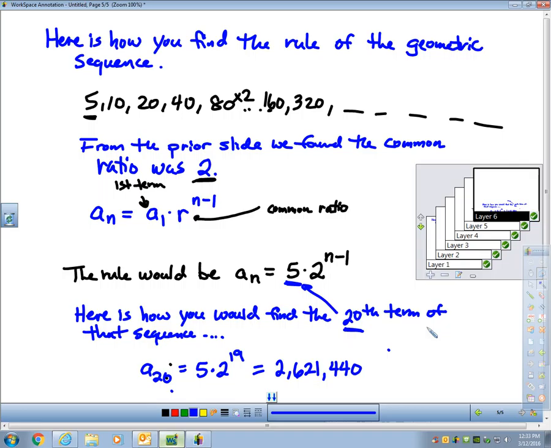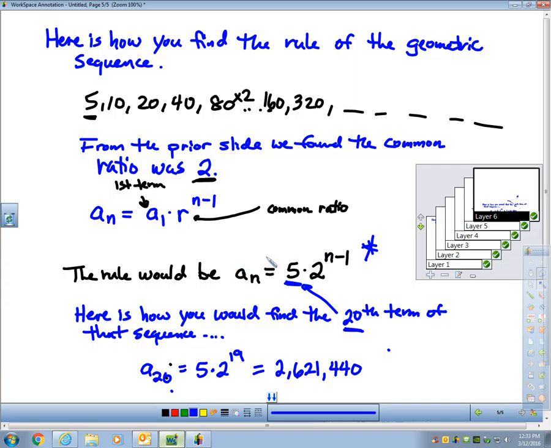That's how we can find the 20th term of the sequence pretty quick without actually having to multiply by 2 each time. I don't know if you remember on the final exam when we had arithmetic sequences, I made you find like the 800th term of an arithmetic sequence. If you don't know the rule, like I have here, it'd take a long time to figure that out. Okay? Same thing here.